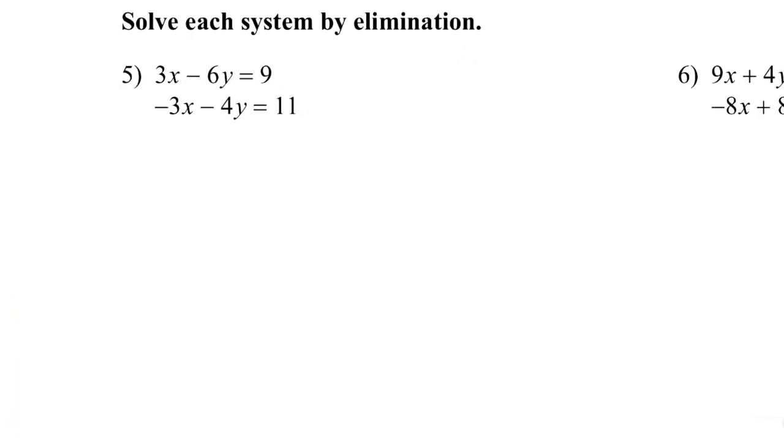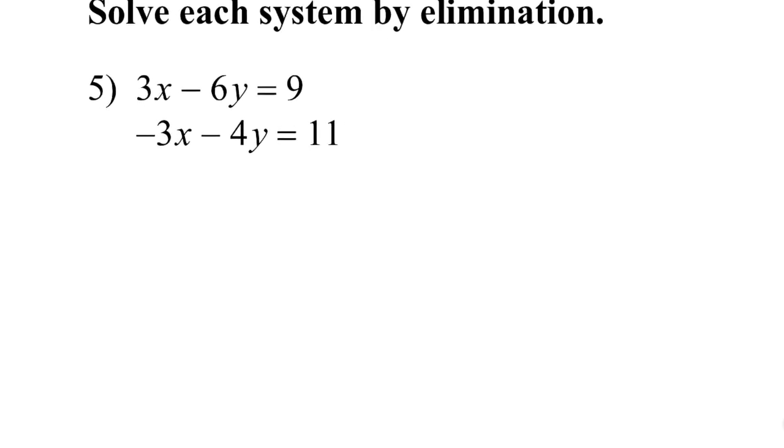Solve each equation by elimination. Now this one's real nice because these are lined up and one's positive, one's negative. So when I add these two equations together, it's going to eliminate the x's automatically. So I have a positive 3x plus a negative 3x is going to be 0x.